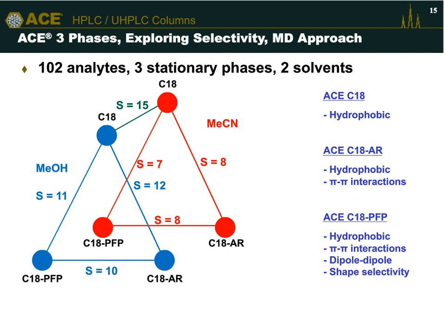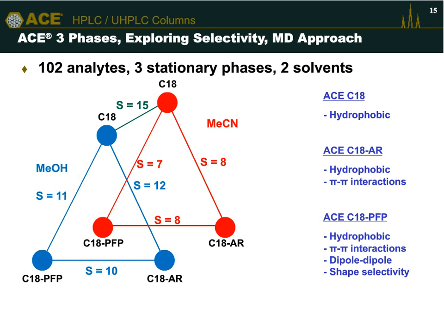So here we're using a single stationary phase, which is C18, and we're plotting the changes in selectivity from a C18 in acetonitrile to a C18 in methanol. And we can see we get a selectivity value of 15. Now, acetonitrile is an aprotic solvent and methanol is a protic solvent, so they're affecting the selectivity, the elution order of the analytes in these particular mixtures.